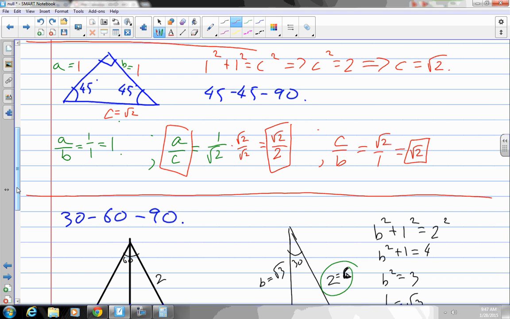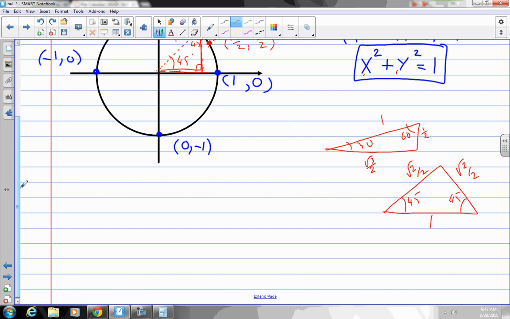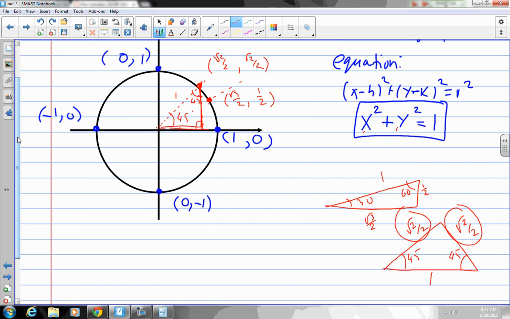Well, c equals 1 right now, so that means a equals square root of 2 over 2. So that's it. A is one of those sides, so it's square root of 2 over 2. The other one is equal to the first one, so it's also root 2 over 2. So I got that point now. I got the x and y coordinates, because this length is root 2 over 2, so that's the x value, and this length is also root 2 over 2, so that's the y value.